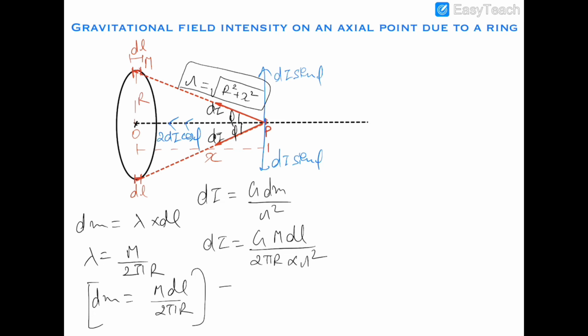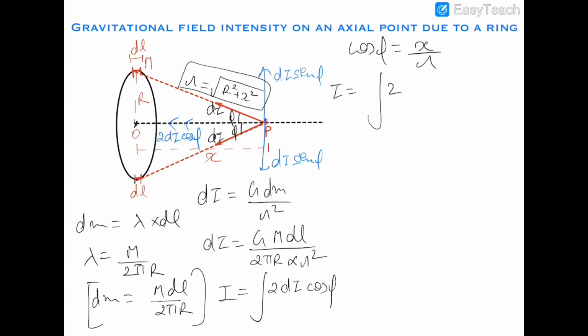So the total I would be integration of 2 dI cos phi. Now cos phi is also constant, as cos phi is equal to x upon r. So you can substitute the value of cos phi, and this would be I is equal to integration 2 into G m by 2 pi r into cos phi.